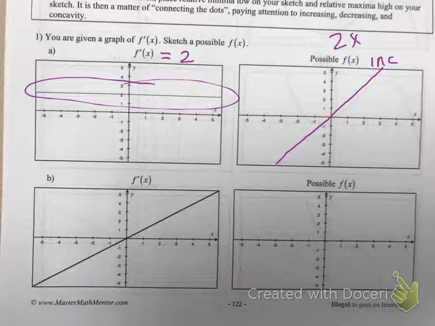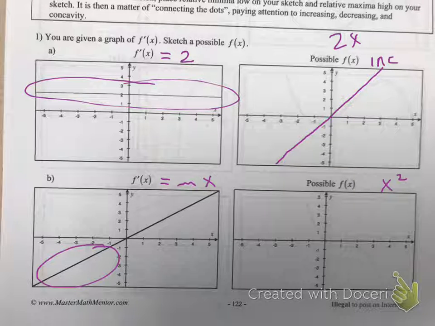Okay, part B. If my derivative is a straight line, that means it's linear, so it's something x. That means my f of x is something squared. This one appears to be negative on the left-hand side of 0 and positive on the right-hand side of 0.